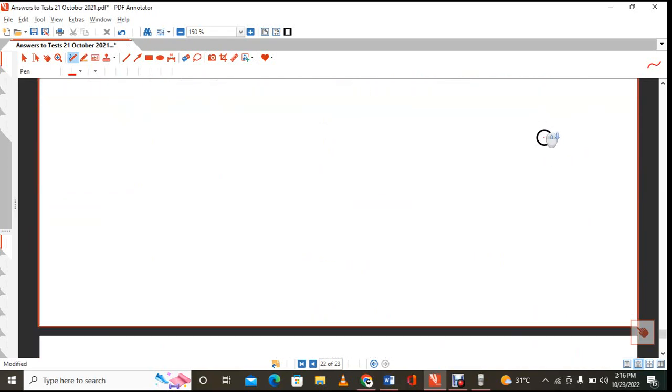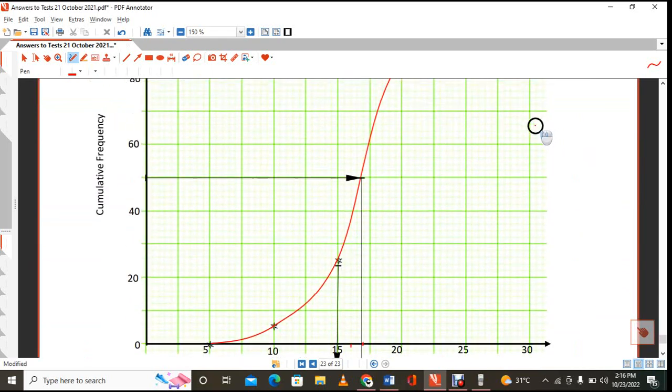So go down to my diagram. Where will 75% be? Not 75, or 75% of my values. Well, of course, that is 70, 72, 74. So 70, 72, 74, 75, slightly somewhere there. So 70 is over here.